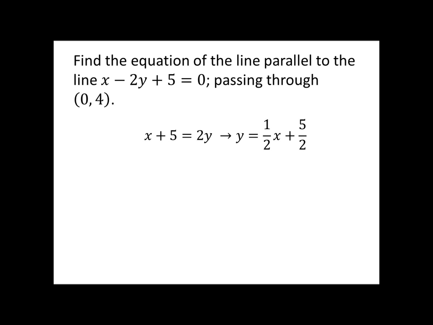So we've got y equals 1/2 x plus 5/2. What we're actually interested in here is the slope. We know that the slope is equal to 1/2, and we want to create a line parallel to this. So our line also needs to have a slope of 1/2, and it needs to have a y-intercept, a b value of 4. So again, pretty easy to give the equation.